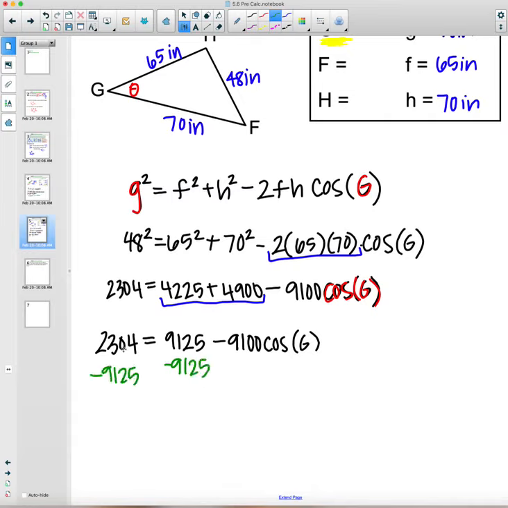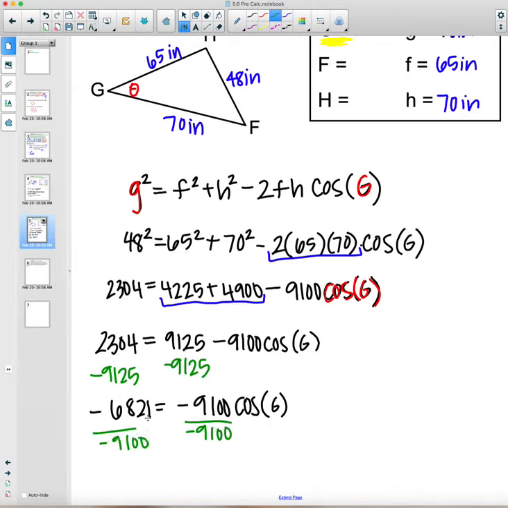So 2,304 minus 9,125. So you will get negative 6,821 equals negative 9,100 cosine of G. So to isolate that cosine, we'll divide by negative 9,100 to both sides.